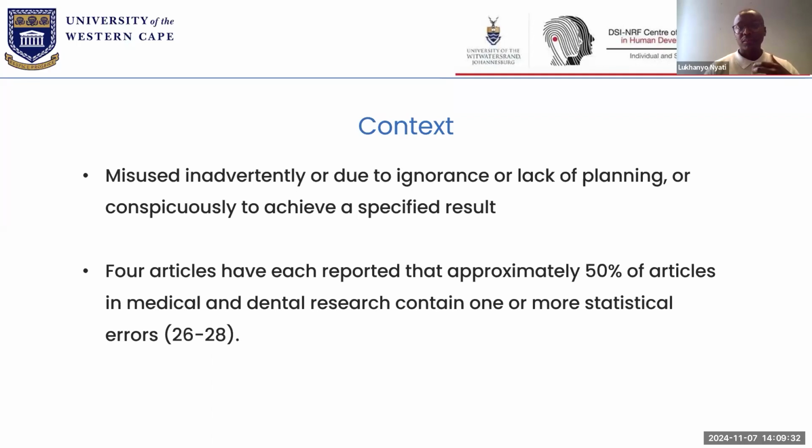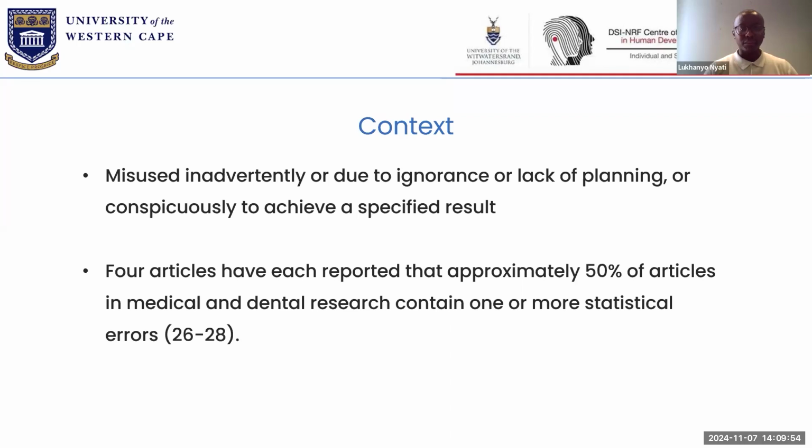However, there is misuse in terms of the statistical methods that are applied, and this may be inadvertent, or it may be due to ignorance or lack of planning. And sometimes it's a result of researchers trying to achieve a particular result.